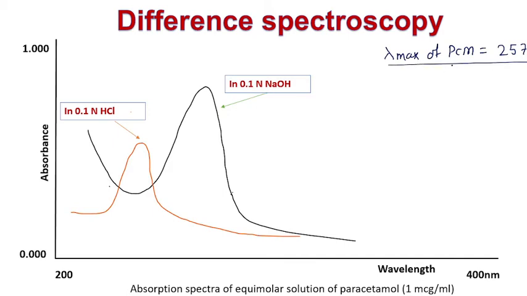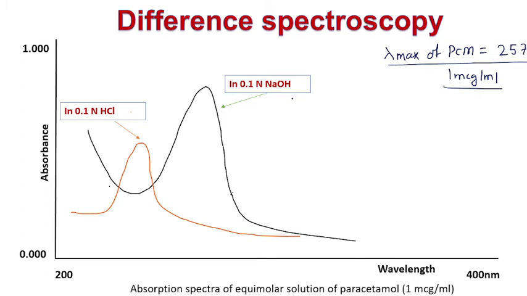Now let's say I have prepared a paracetamol sample of concentration 1 microgram per ml in alkaline pH. So you can see the black spectra which I have drawn here. This is a hypothetical spectrum I have drawn manually for understanding. Let's say I have taken 1 microgram per ml concentration of paracetamol dissolved in 0.1 normal NaOH solution.